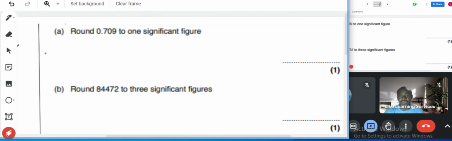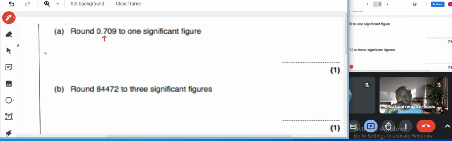It says round 0.709 to one significant figure. For significant figures, you start counting from the very first digit that is not 0. What's the first digit that is not 0? 7. So we start counting from 7. One significant figure means we have to stop at 7, isn't it?